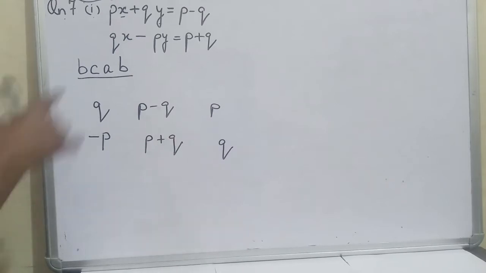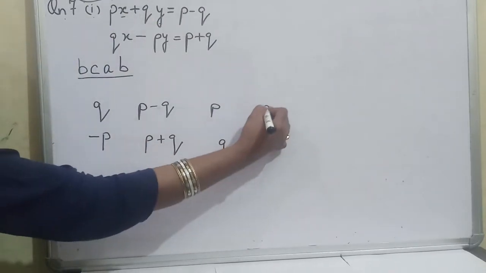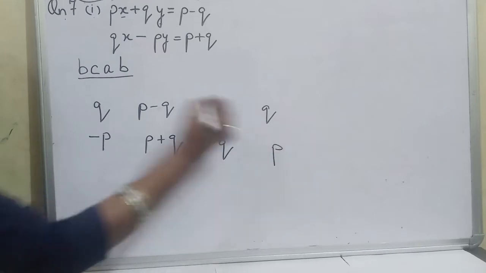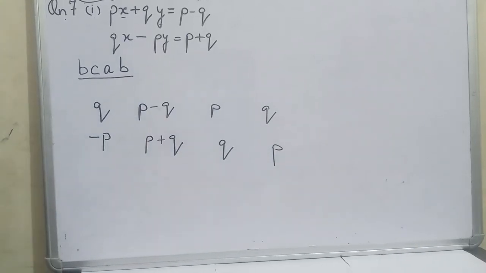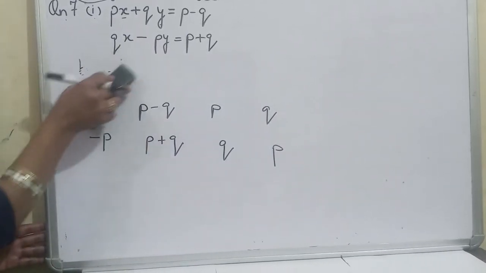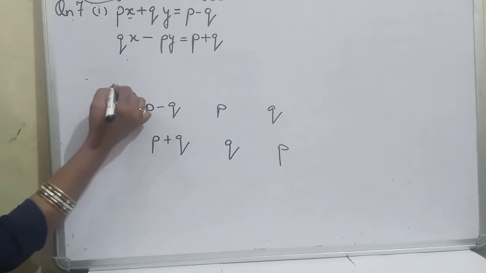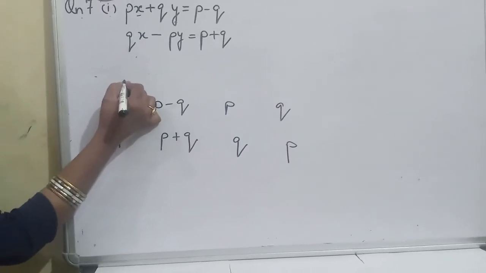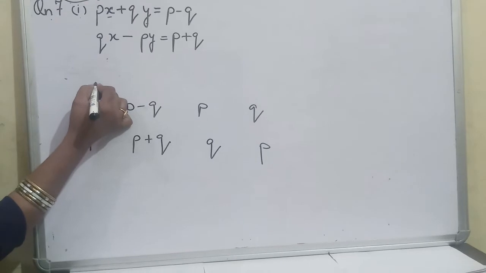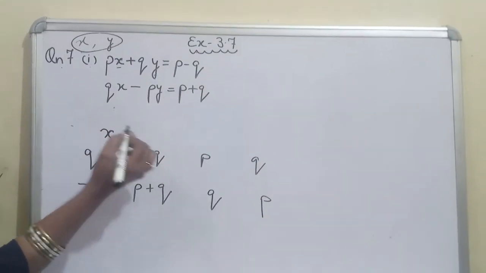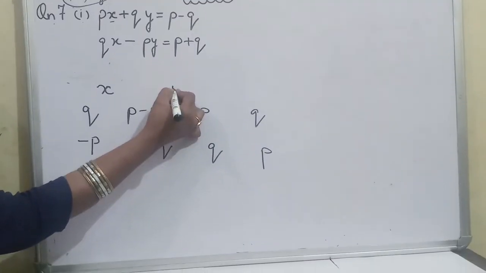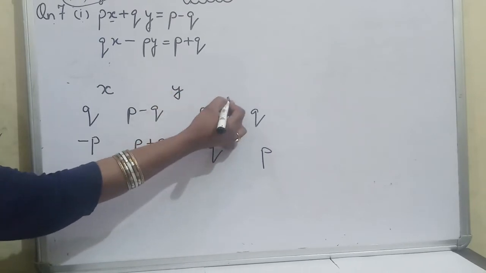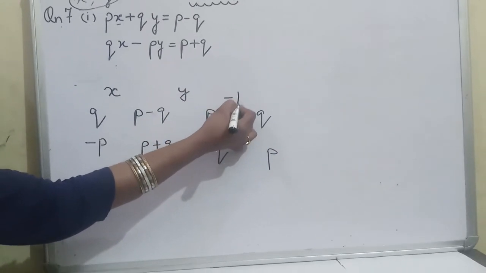Then this b, q, p. And after writing all these coefficients, we have to write here. What do we have to write here? X here, y here, and here, -1.